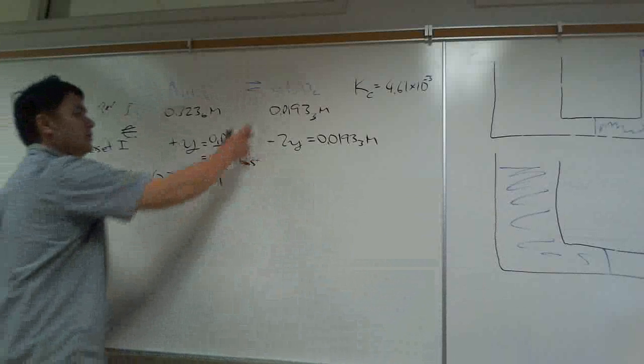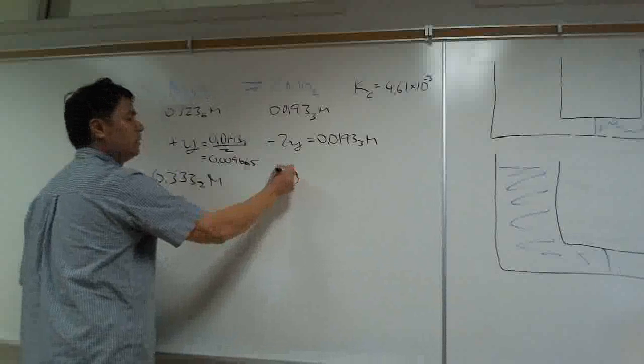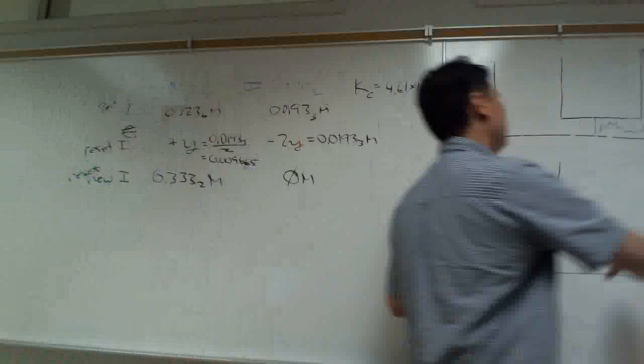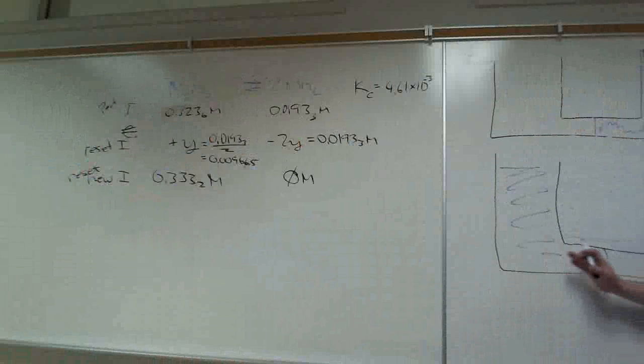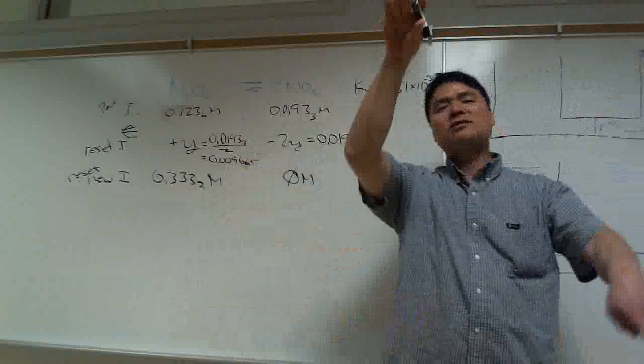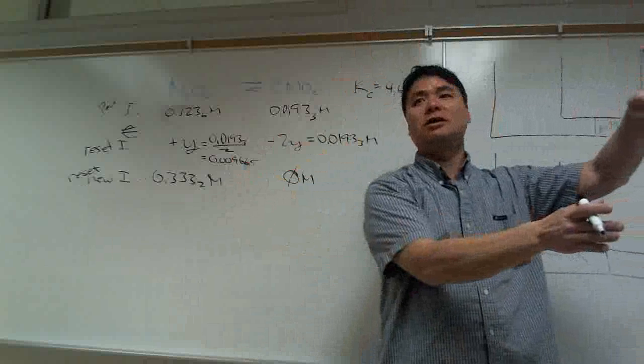All right, and this will be 0 molar. And so what I've done is essentially just pushed all the water to the left. Here I'm just pushing all the atoms to the left because these are two-way reactions. So it's going to react. Some of the atoms are going to shift to the right.